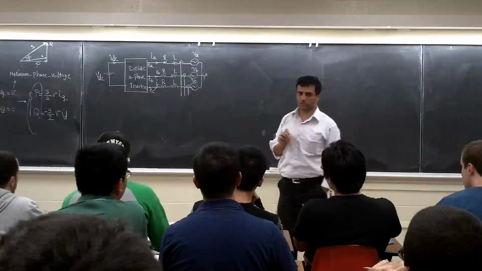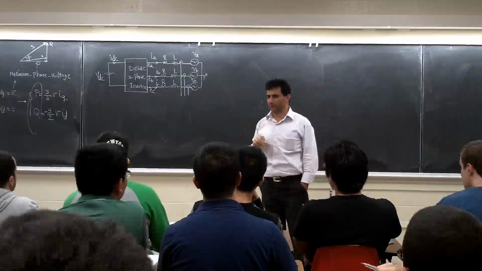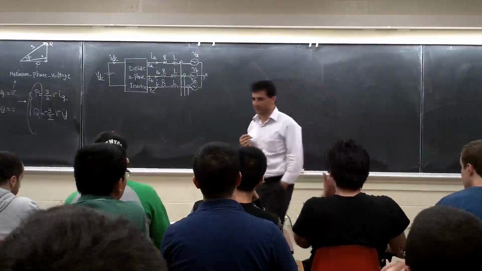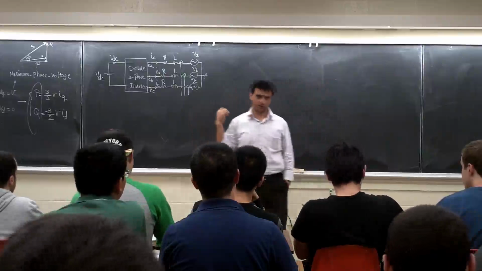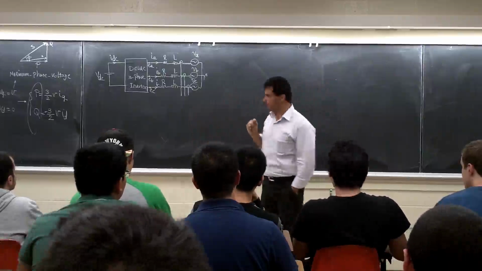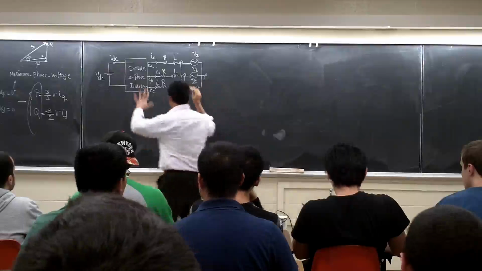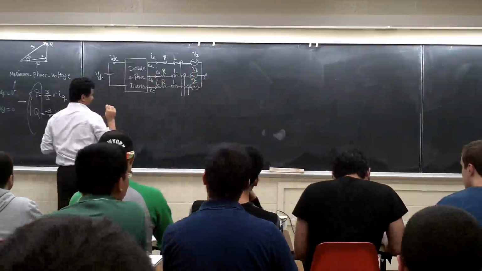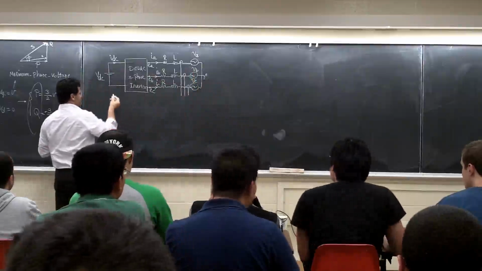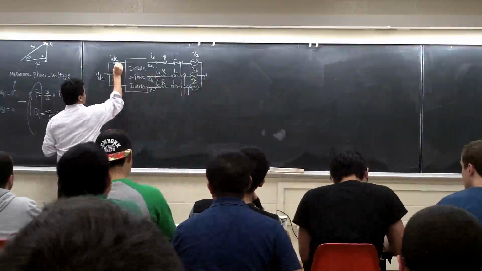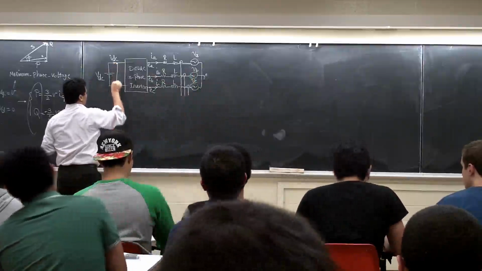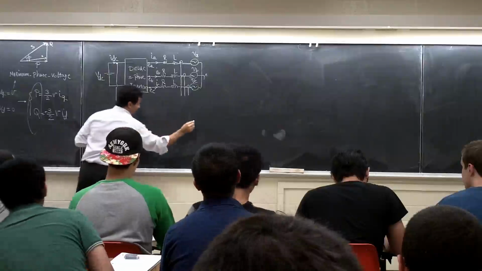You don't need 3, 2 is enough, but here I'm going to put 3. So far I'm not spending any money, so I'll go with 3. But usually this is the cost reduction: you can do it with only 2 current sensors. We don't need VDC in this case, but I'm going to sense the VDC also.